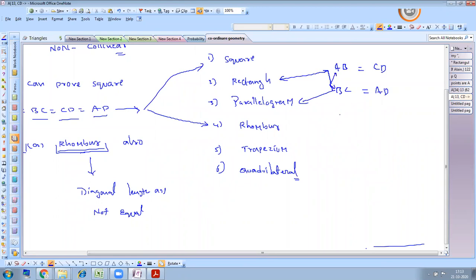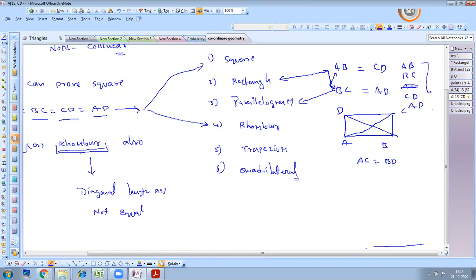But here also, for A, B, C, D, if the diagonals are the same length, AC is equal to BD, then it is a rectangle. First find AB, BC, CD, AD and the diagonals AC, BD. Based on this, you can identify whether it is a rectangle, square, rhombus or parallelogram. You can eliminate two options from these, and after this, by taking the diagonals concept, you can finalize which one it is.